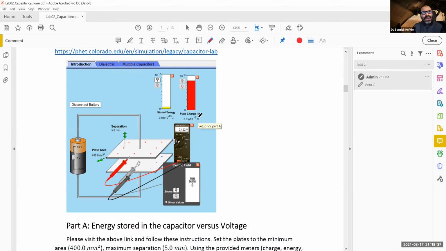So this is going to be a very tiny charge. Unfortunately, these are the limitations of this simulation, because it's trying to mimic what you actually do in real life as you build them yourself.